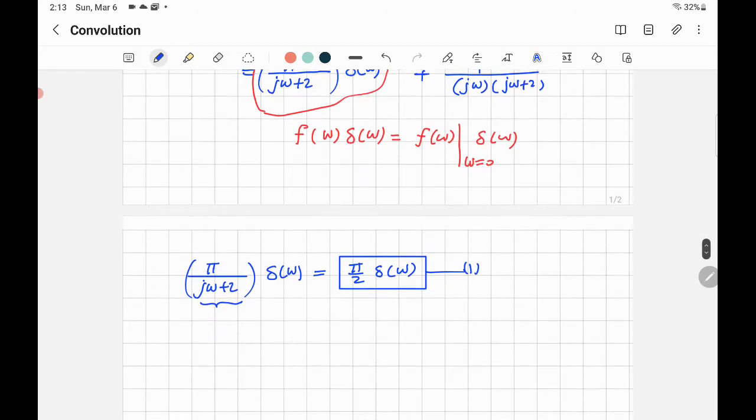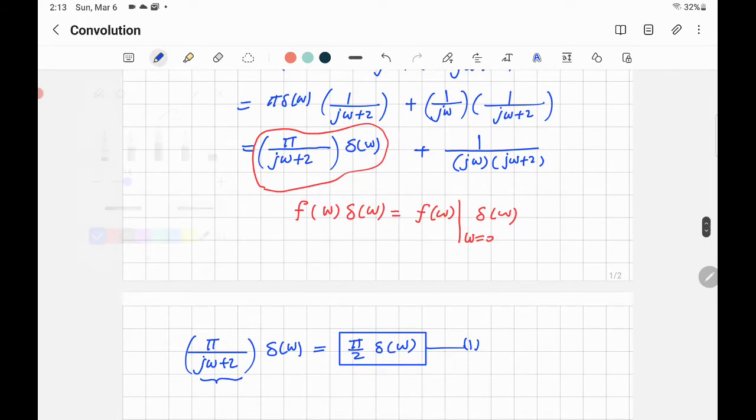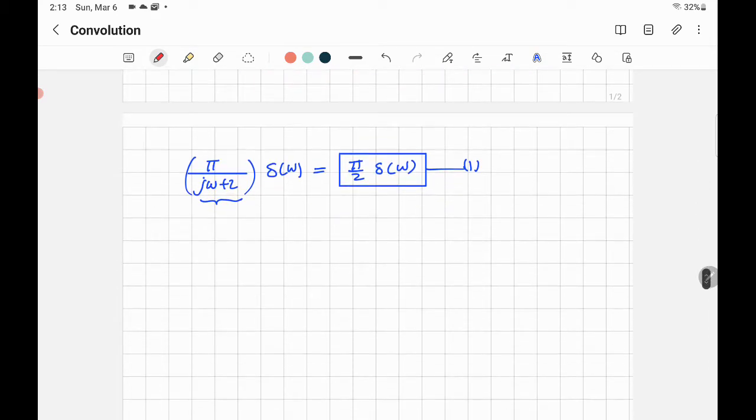Second term, that's the second term, 1 over j omega multiplied by j omega plus 2. We said that it will be easy to use partial fractions.